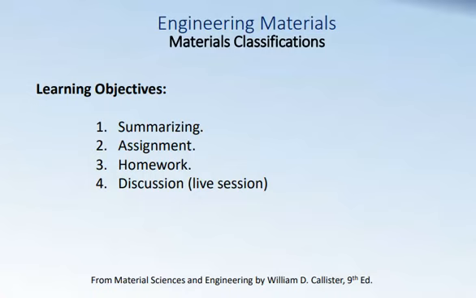The first one is the primary materials, the materials with their particular characteristics, divided into metals, ceramics and polymers.